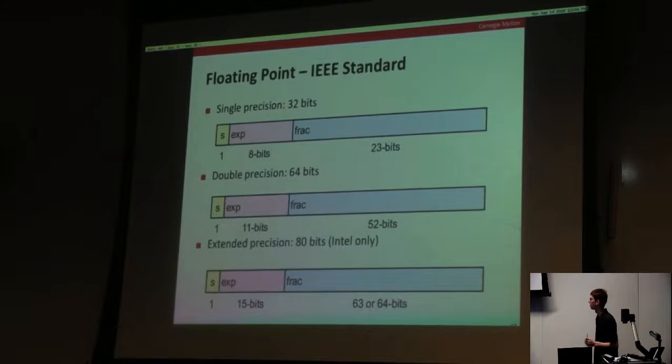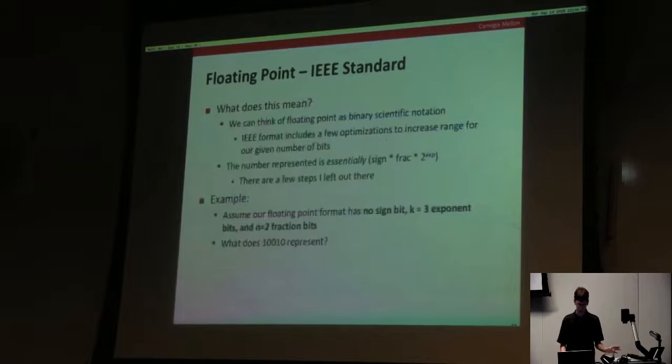It's sort of an Intel-only thing that gives you even more precision than a double, but those aren't used too often. So it's like a binary scientific notation, a simplified version of it. We'll go over what it really is in a moment. But you're essentially doing the sign bit times the fractional component times 2 to the exponent.